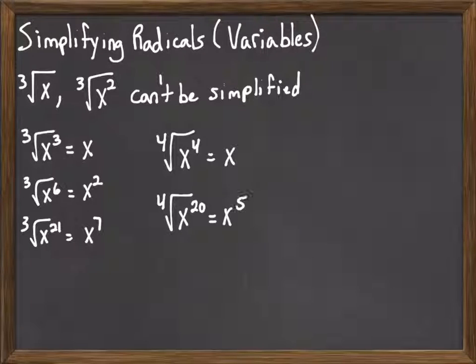Or if we did 4th root of x to the 20th, 20 divided by 4 would be 5. We get x to the 5th. Or if we did 5th root of x to the 15th, we'd get x cubed, because 15 divided by 5 is 3. So if it's something that the root will go into, it's fairly easy to do.